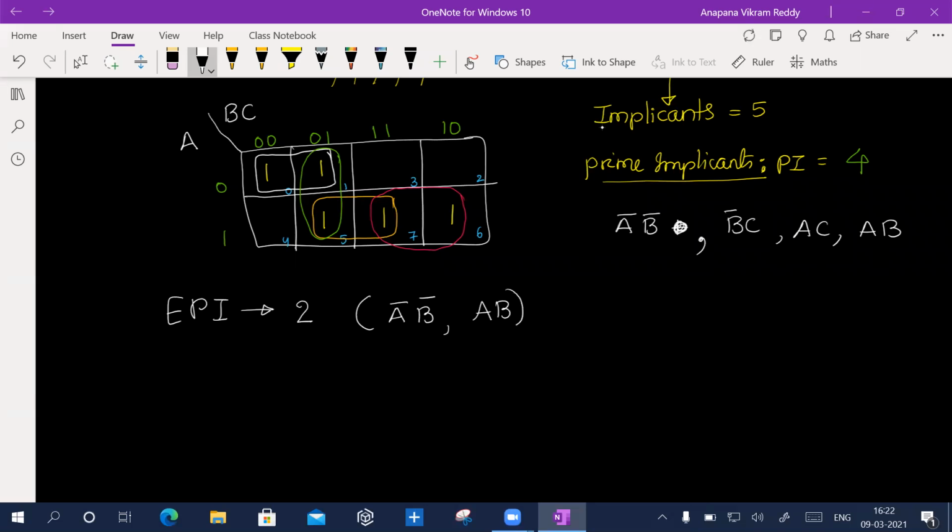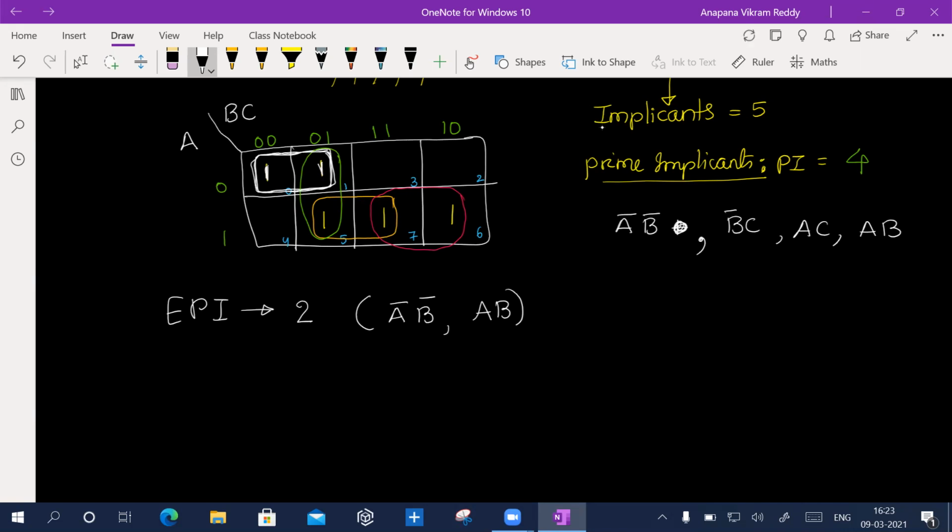AB. Because if I take this pair, this is one prime implicant. In this prime implicant, I have two ones, one here and one here.